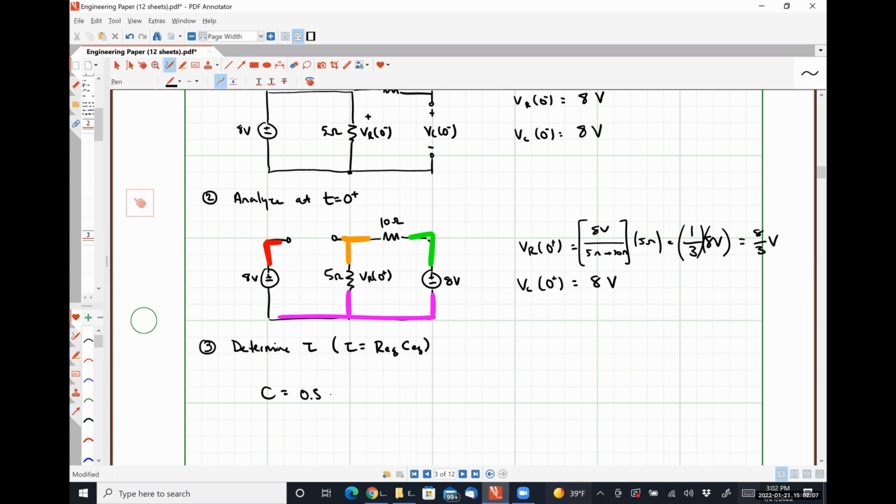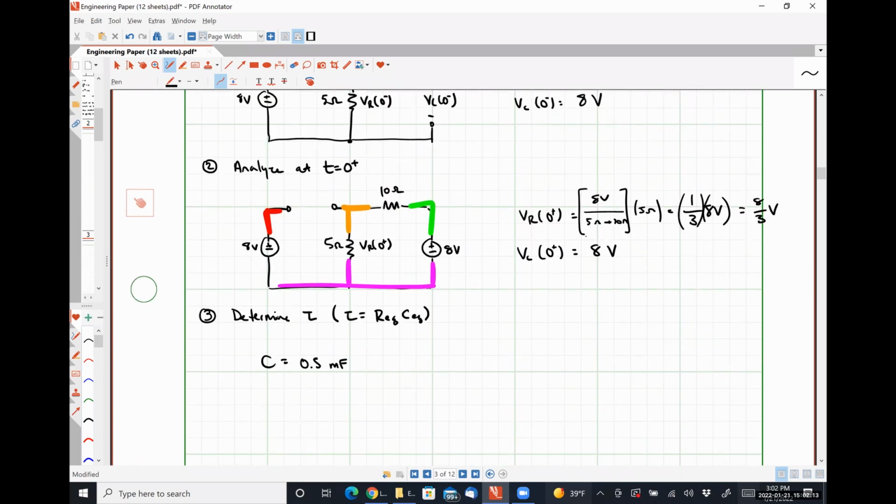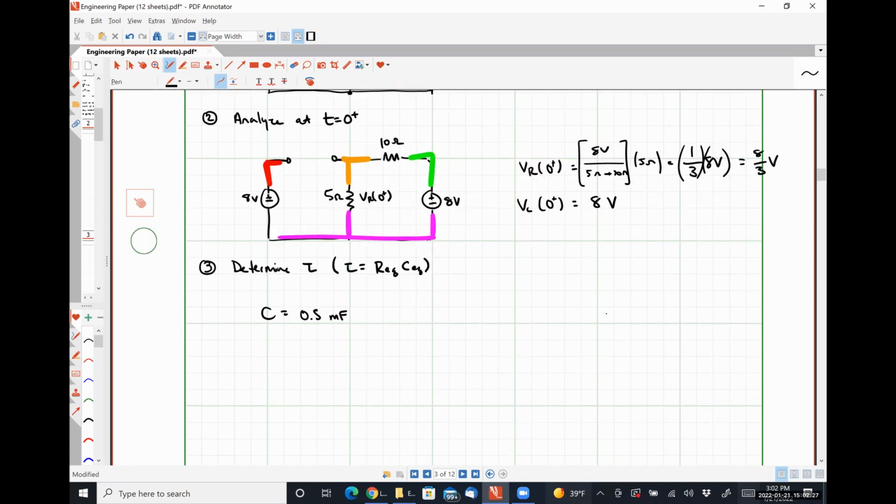C is just half a millifarad, which is, I believe, what I used. Yes. Determining R should be fairly straightforward, but again, I want to burn it into your brains how to do it correctly. So I'm going to draw my circuit during the transient condition. So effectively, it's exactly what it is at t equals 0 plus.